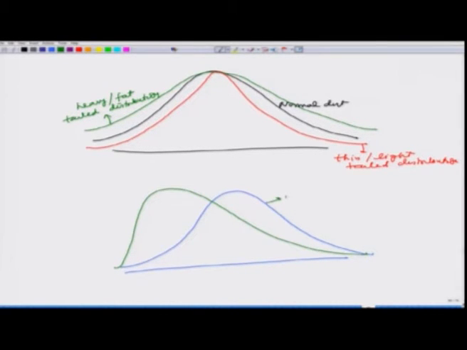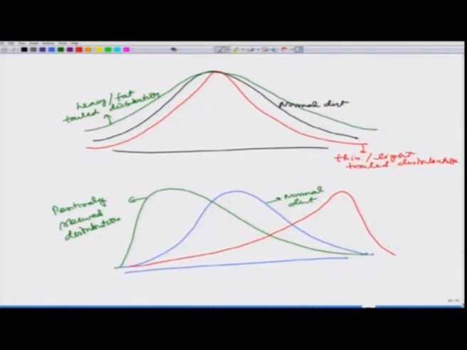So this is our normal distribution which is symmetric around the mean, and this is called a positively skewed distribution. And similarly, if I have a curve which is more scattered on the right hand side, something like this, this is called a negatively skewed distribution.